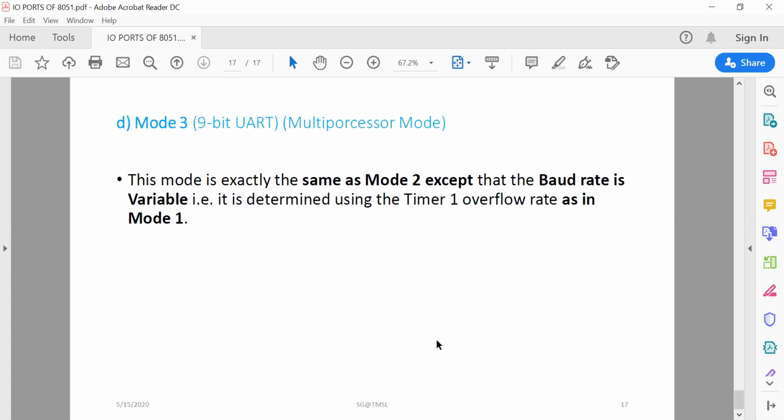It is determined using the timer 1 overflow rate, as in mode 1, that is also a variable baud rate. So these are the different modes available for serial communication.